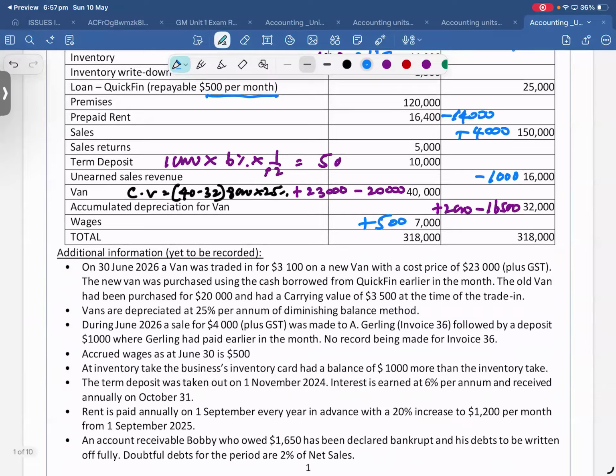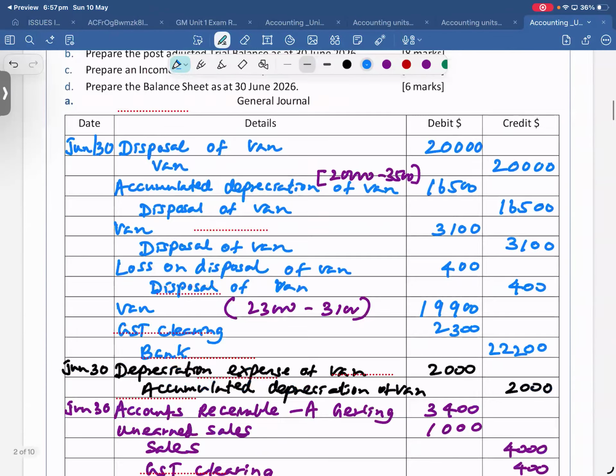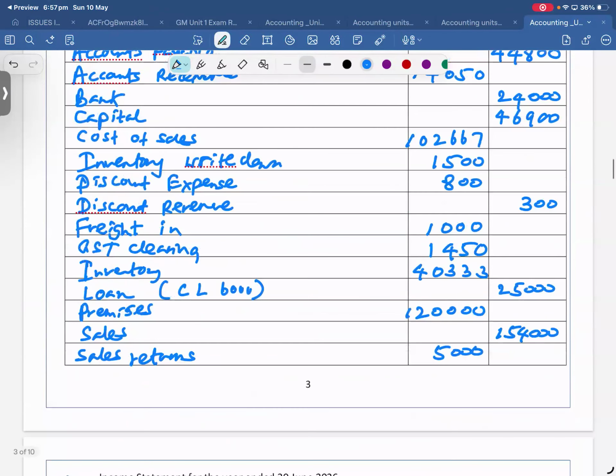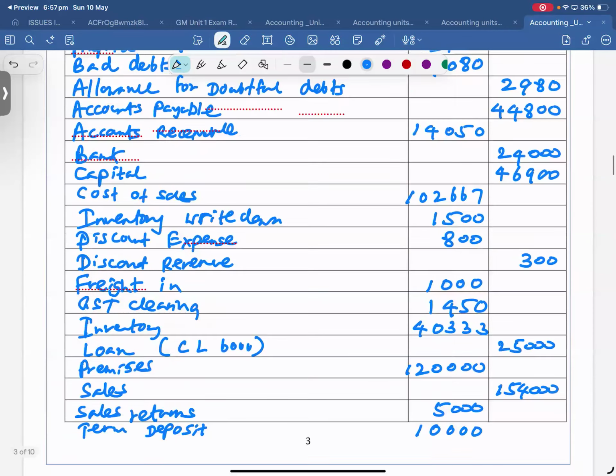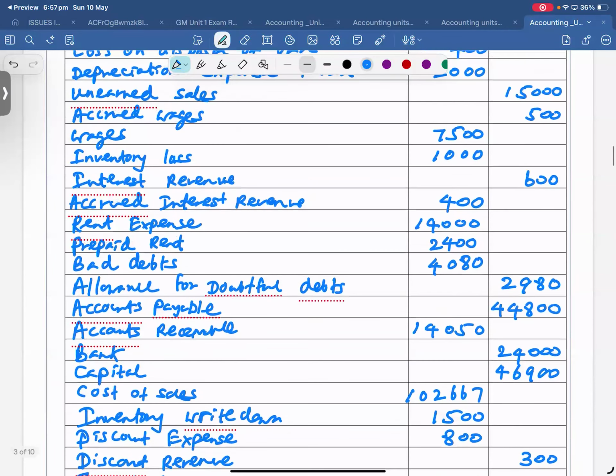You sure? Not enough space. The next page. Term deposit, how much? 10,000. Yeah. Now, first COVID is all the interviews.